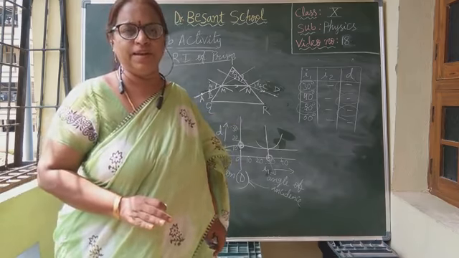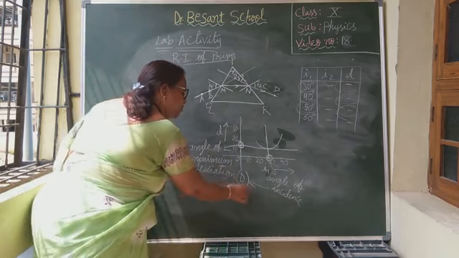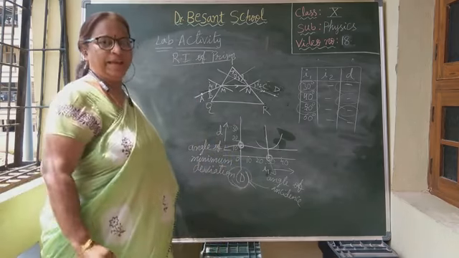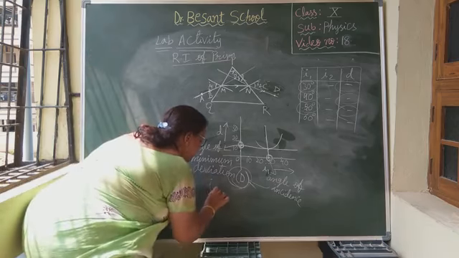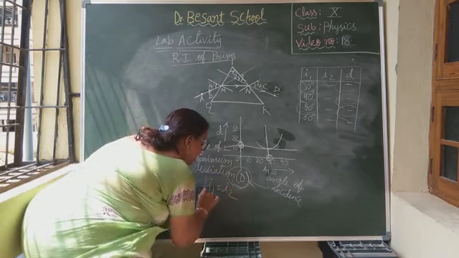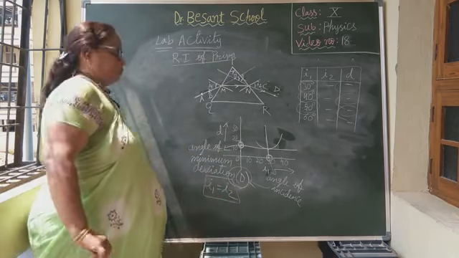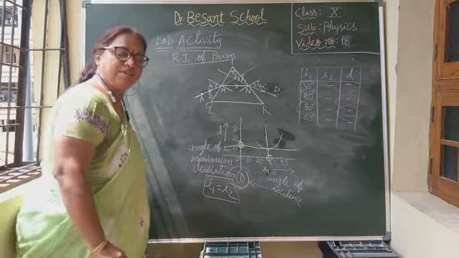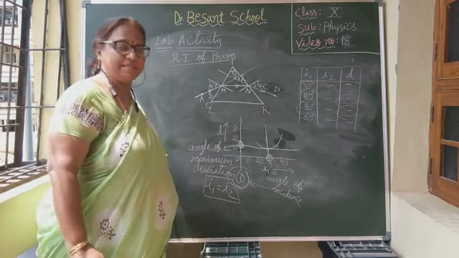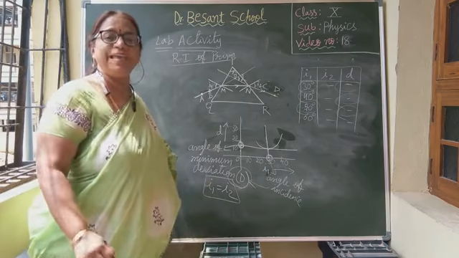You understood, children? So at this angle of minimum deviation, listen carefully, angle of incidence will be equal to angle of emergence. I1 and I2 values will be equal.